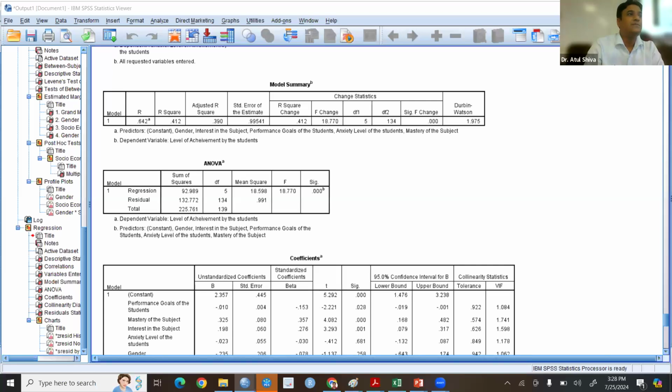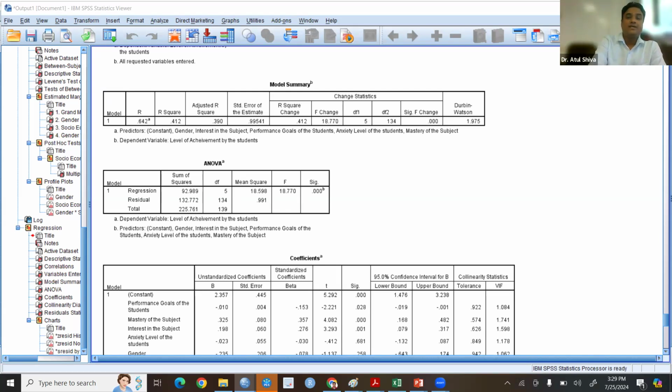Mastery leads to CGPA. Interest leads to CGPA. Anxiety level leads to CGPA. So there is no impact of independent variables on the CGPA of the students. If I say relationship, I'm talking about correlation. If I say association, I'm talking about the chi-square test. Influence also. So R square is 41.2 and the model is significant.